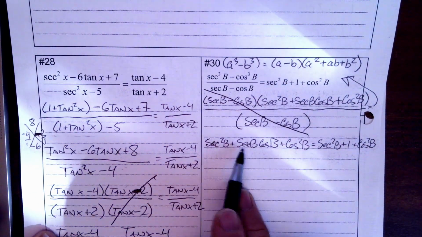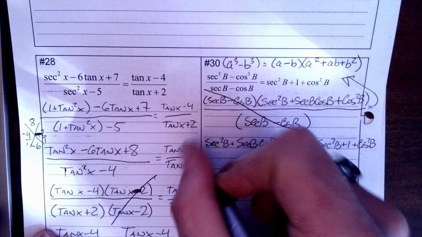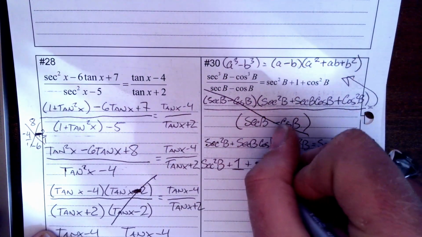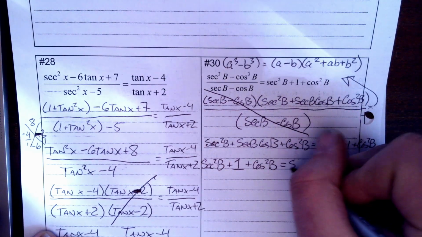And again, we said that secant times cosine is 1, and everything else is already set. The secant squared of b plus 1 plus the cosine squared of b now equals itself.